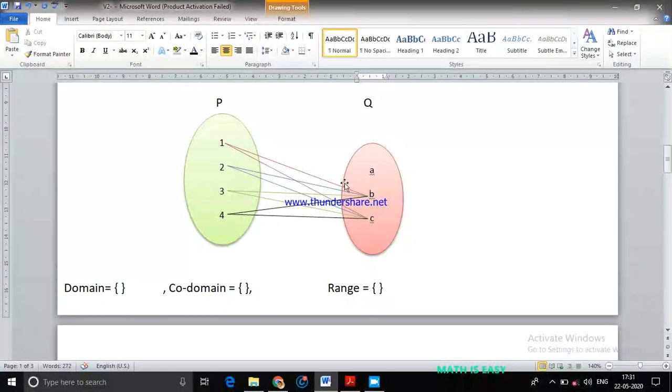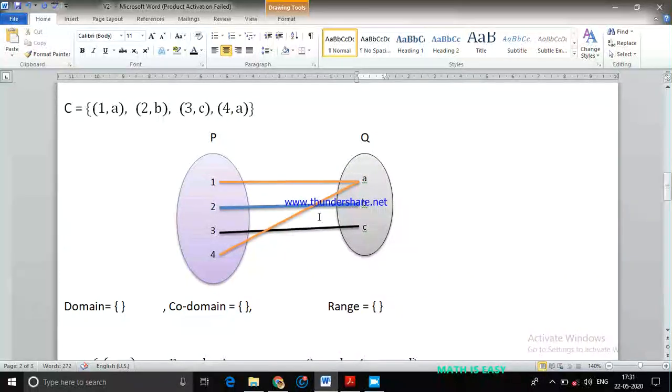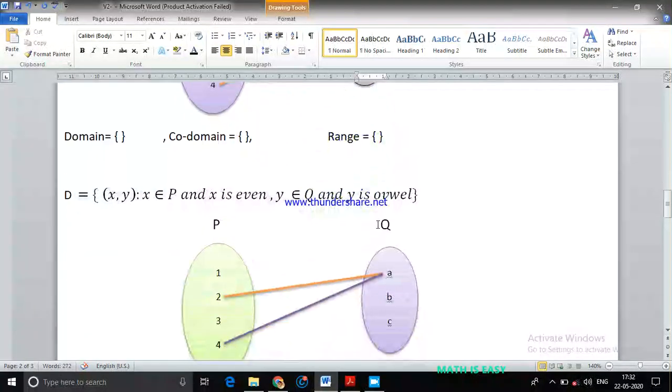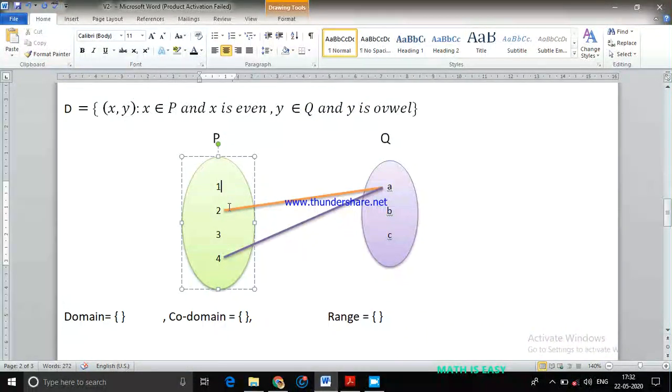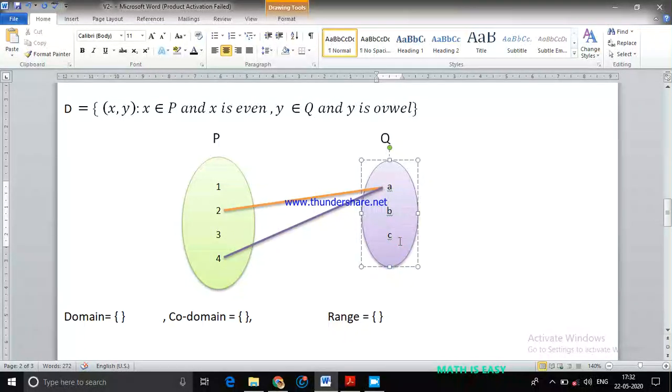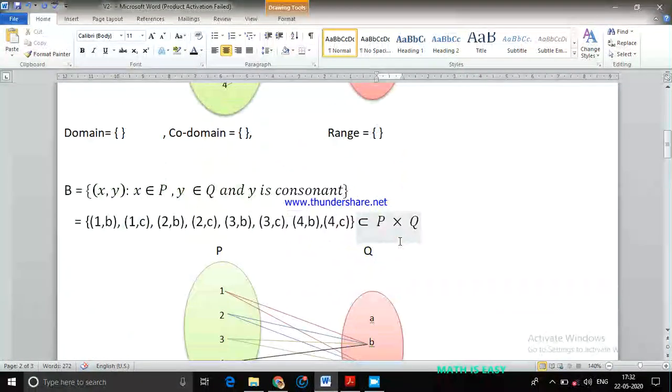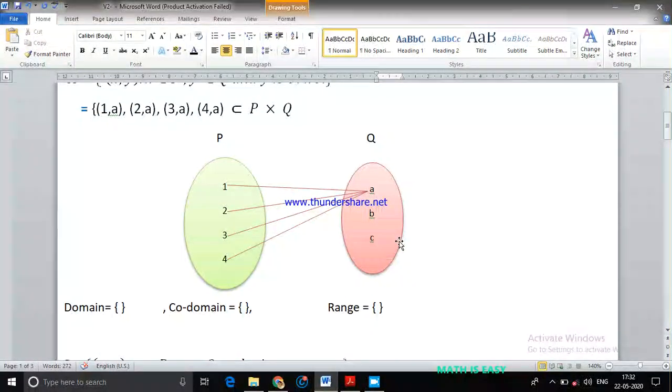Here one element has two mappings. One is mapping with B, one is mapping with C, like 4 is mapping with B, 4 is mapping with C. Then here certain elements have mapping with two elements, and certain elements have mapping with only one element. And here in P itself, certain elements have no mapping. Even in Q, some elements have no mapping with the elements of P. Okay. So these conditions we'll discuss maybe in the next class when we define the function.